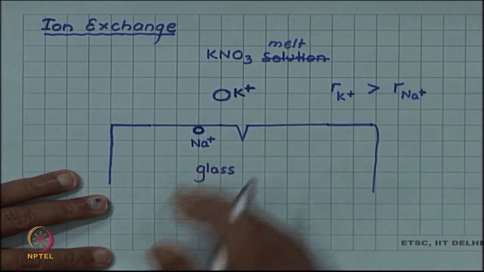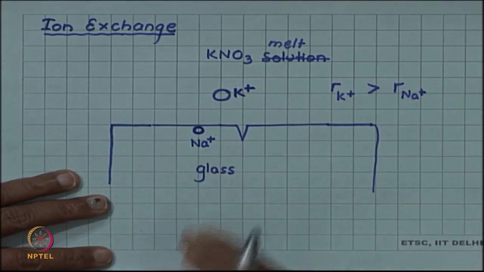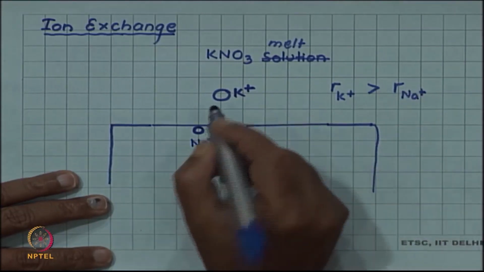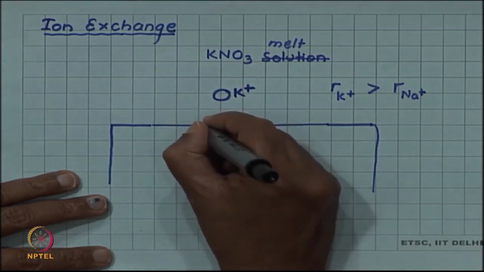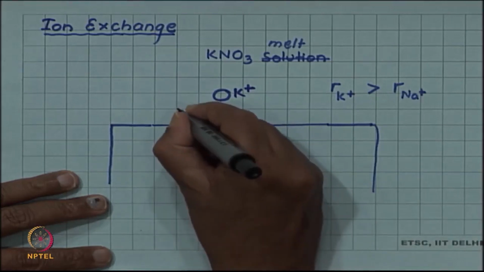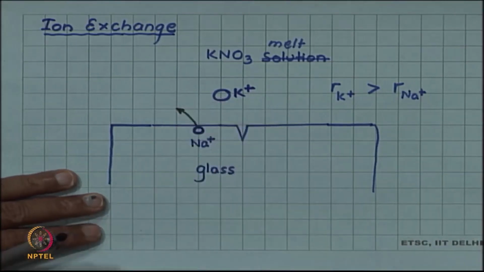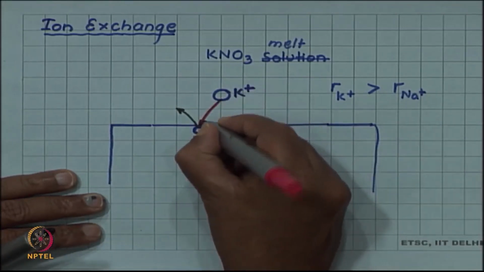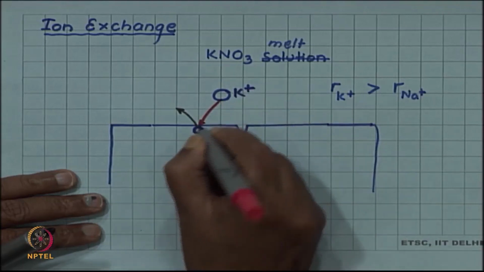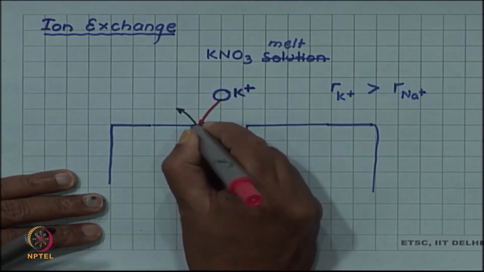However, chemically, when this reaction takes place with the KNO3, the sodium ions go into the melt, whereas potassium ions come and replace the sodium ion. That is why the name ion exchange.